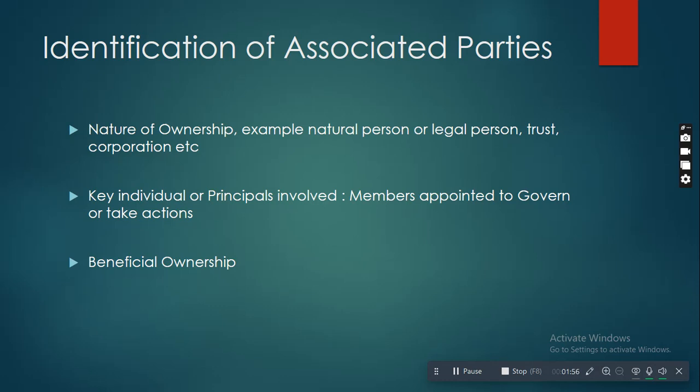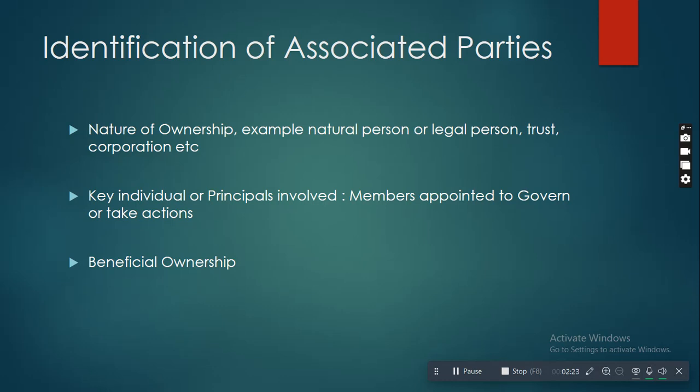Then there are complex structures like trusts and corporations where multiple levels of ownership are involved. In this phase, we try to drill down to what the ownership actually is and who the associated parties are.